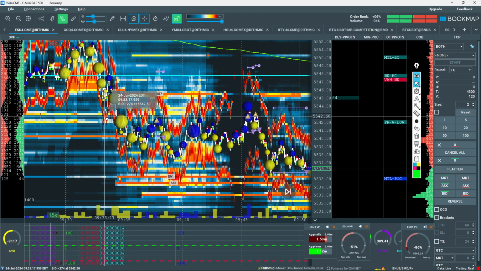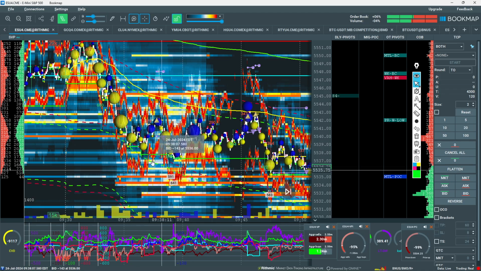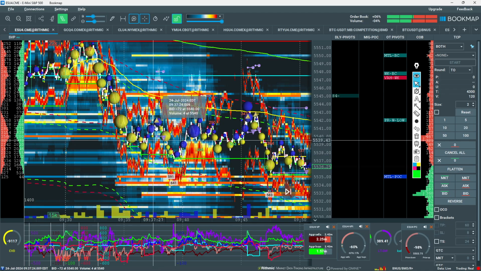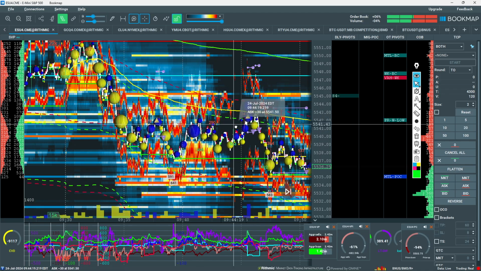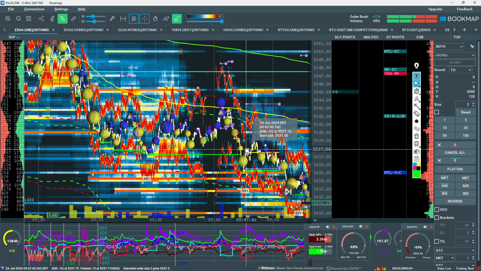So, and y'all bear with me. We came down here, V2, riding along V2, had that little pop-up, pushed down again, had that little pop-up. So now this is where the Black Sun strategy is going to come in.